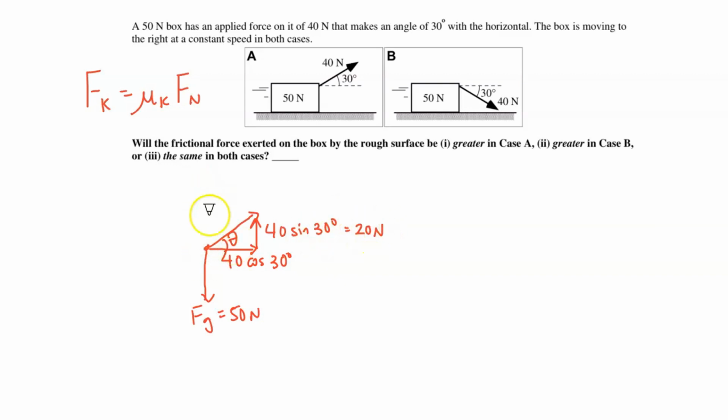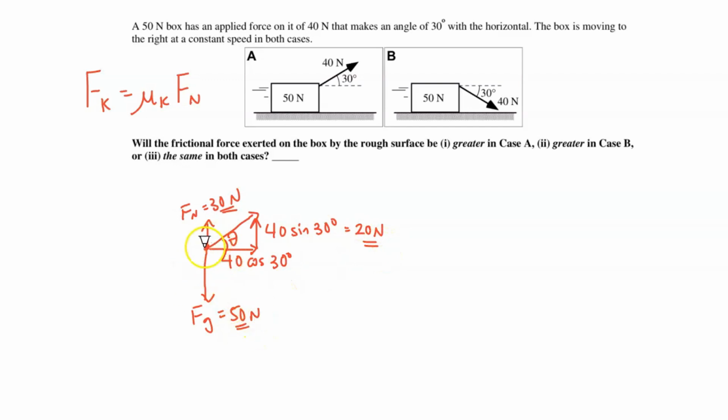Since this is not accelerating up or down, I know that the net force vertically should be 0. So vertically, something plus 20, the normal force Fn needs to be 30, because 30 newtons plus 20 newtons equals 50 newtons.